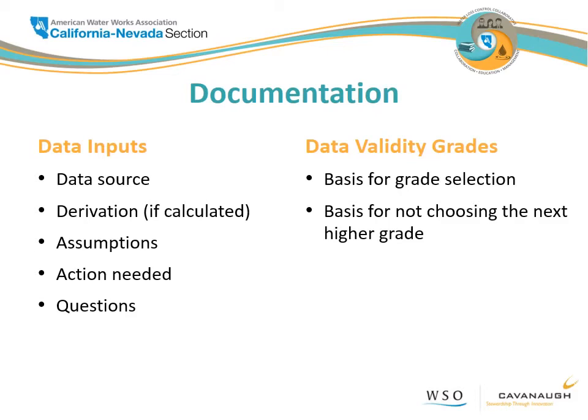So those are the types of things that it is good to document. Similar to the inputs, the reasons for documenting assumptions, action needed, and questions. If ever in doubt, more is better than less when it comes to making notes for yourself in the comments tab as you're developing these inputs and these grades for the water audit.